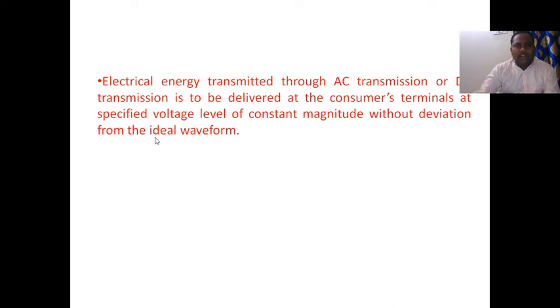Whether electrical energy is transmitted through AC transmission or DC transmission, it is to be delivered at the consumer's terminal at a specified voltage level of constant magnitude, without deviation from the ideal waveform.